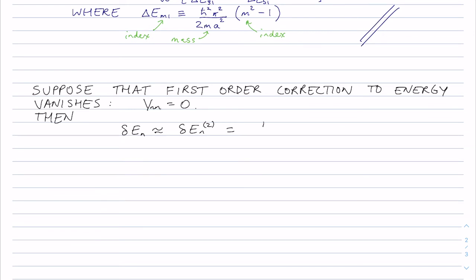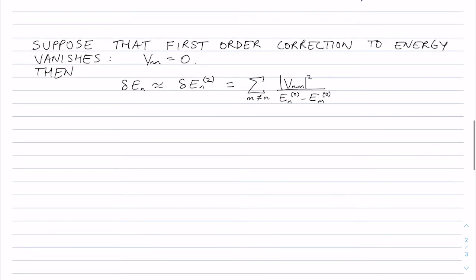And that's going to be equal to sum of m not equal to n of V_nm squared over E_n^0 minus E_m^0. Okay, so what? This has consequences.